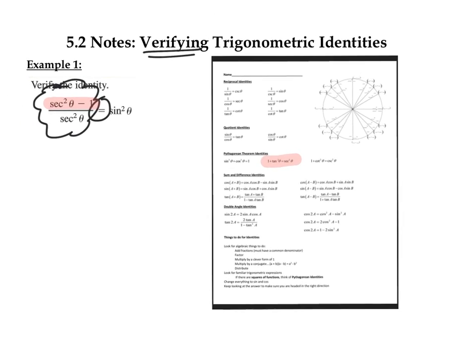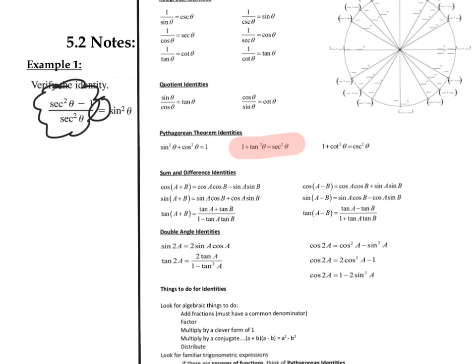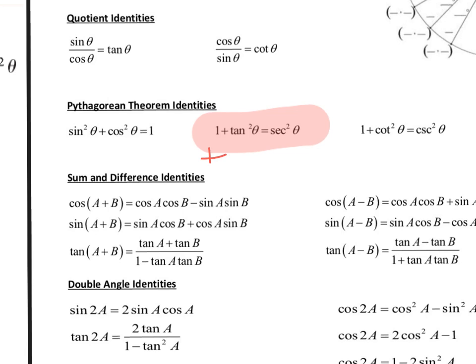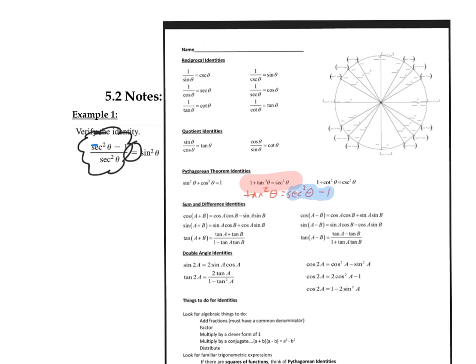I can rewrite that identity as tan squared theta equals secant squared theta minus 1. Now that I know that tan squared theta equals secant squared theta minus 1, I can look for other places where I can find this secant squared theta minus 1. Well, where can I do that? In my numerator right here.